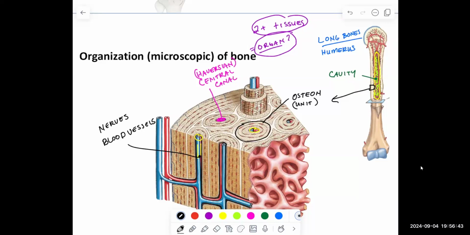Has anyone broken a bone in this class before? Who's broken a bone? Raise your hand. Did it hurt? What about when it healed? That's the thing, bones are innervated. They're vascularized. I want you to remember that.